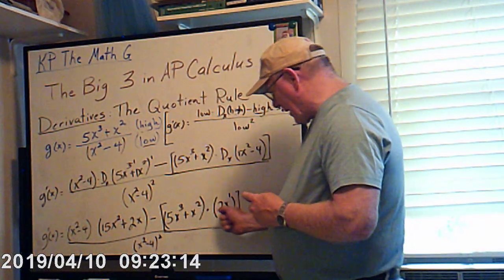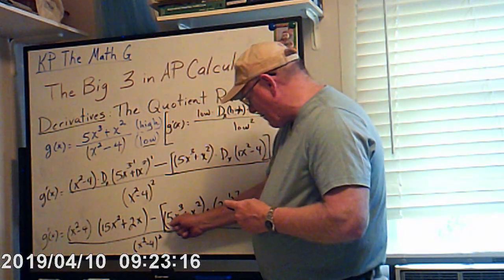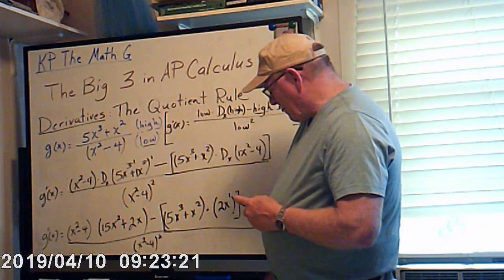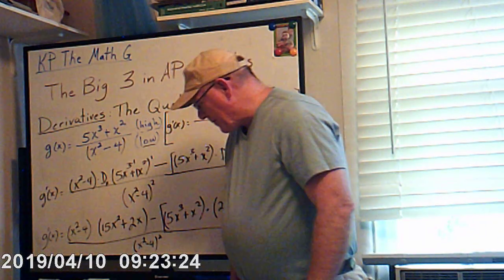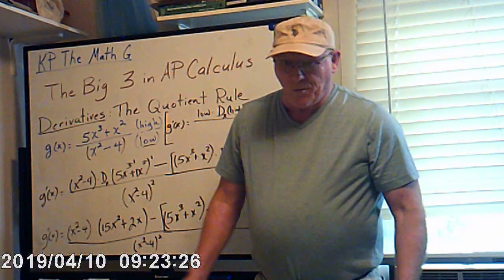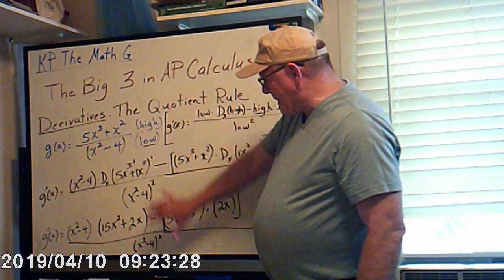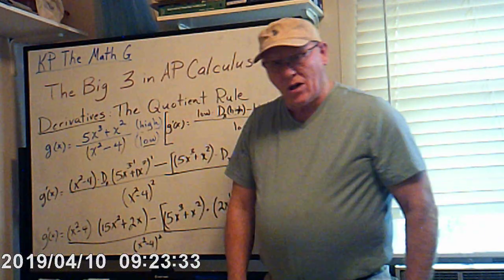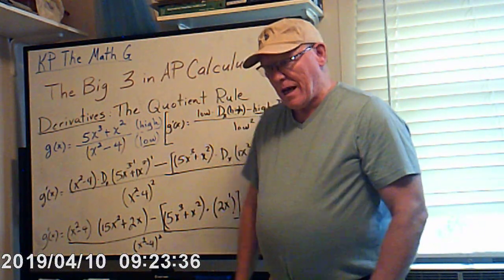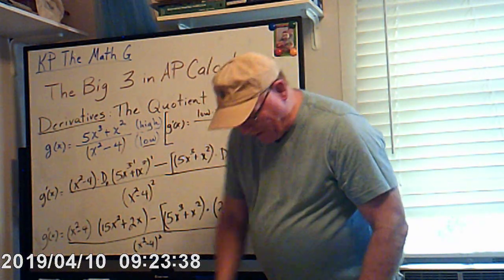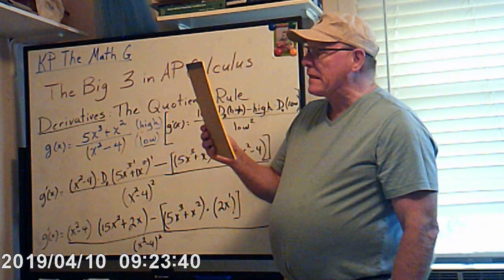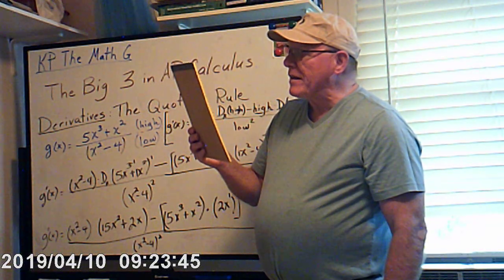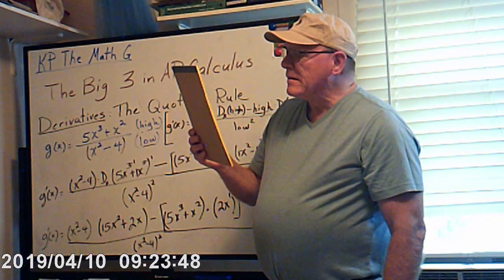This is done by just distributing the 2x over the 5x cubed and the 2x times the x squared, and then you have this right here. So really and truly, this is the idea of the quotient rule. I'm not going to do the arithmetic, although I did do the arithmetic down to a point. No, I didn't do any more than that. So, alright.